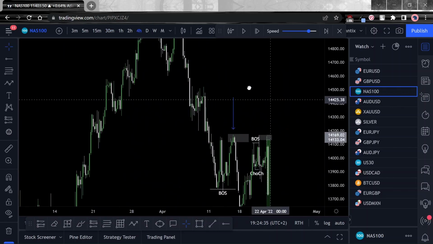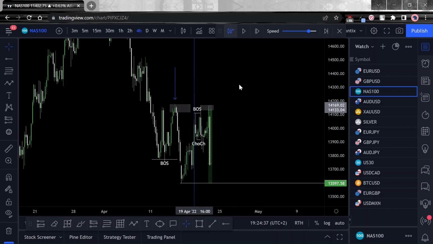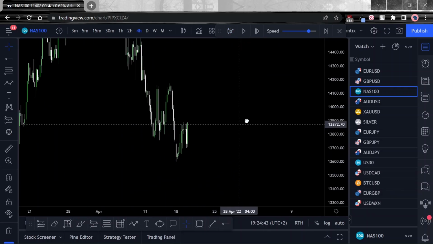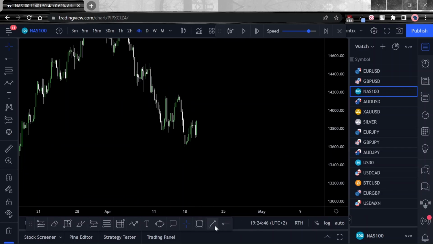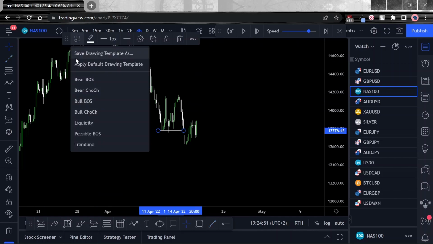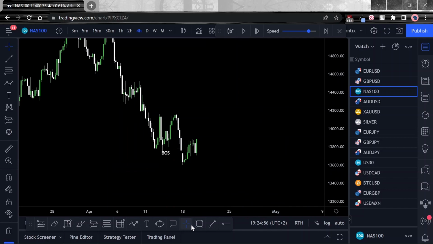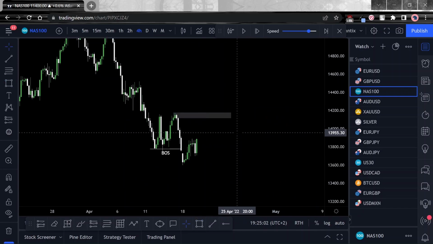Let's go back to the initial 4-hour zone and do that again, right? Let's just remove drawings. Okay, so let's do the same thing for this previous example. So we had price breaking lower over here, giving us a bear break of structure, right? And then this was obviously our 4-hour zone, okay?